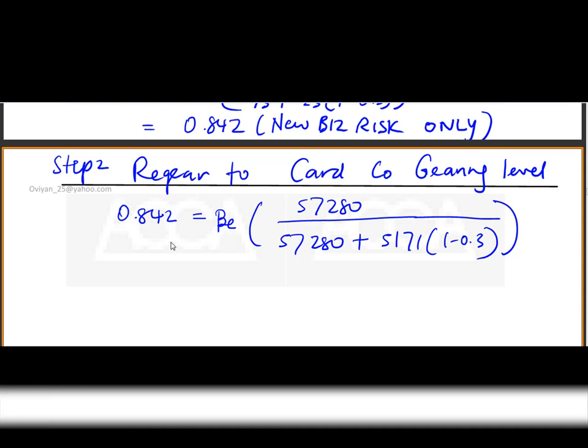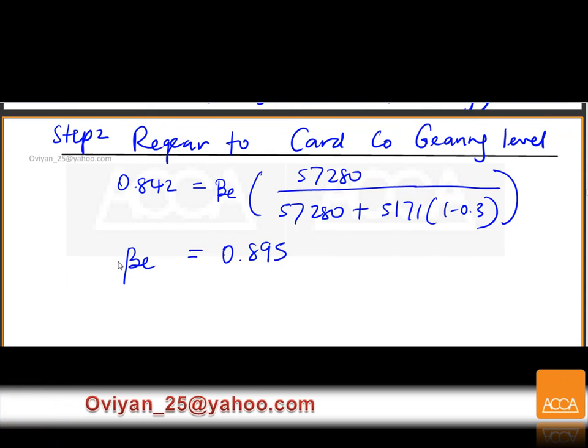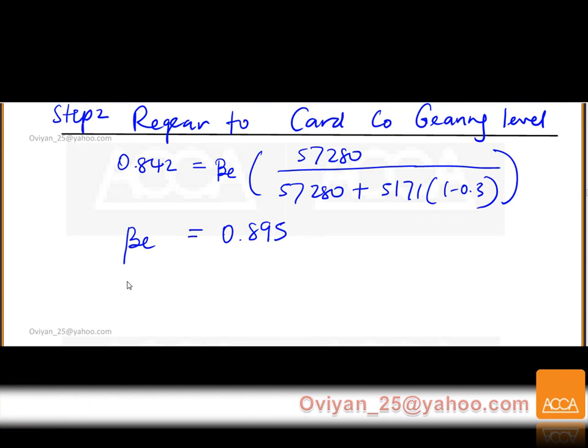Calculating this figure, multiply with this figure, divide by this figure, you're going to get a beta equity of 0.895.